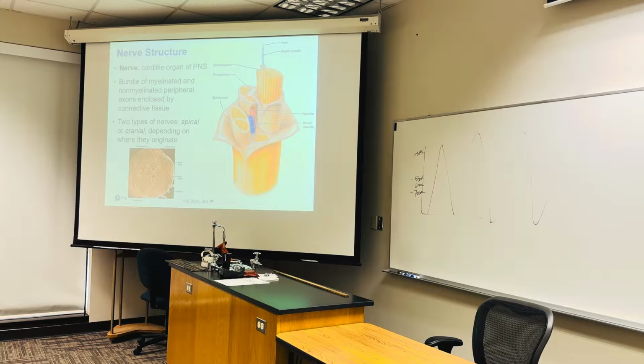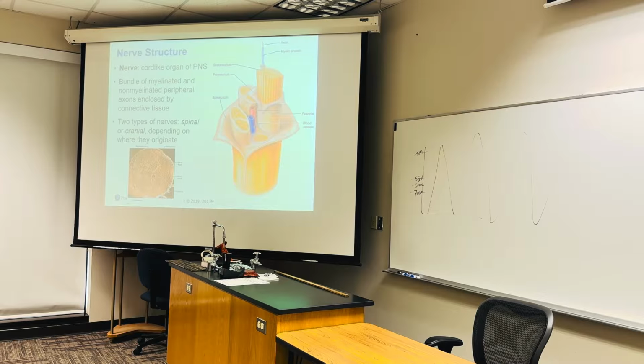Your fascicle is surrounded by perineurium, and your neuron is surrounded by endoneurium. So a nerve is a bundle of myelinated and non-myelinated peripheral axons enclosed by connective tissue. There are two types of nerves, spinal or cranial nerves, depending on where they originate. What are the differences between the spinal nerve and the cranial nerve? Spinal nerves originate from the spinal cord, and cranial nerves originate from the brain.